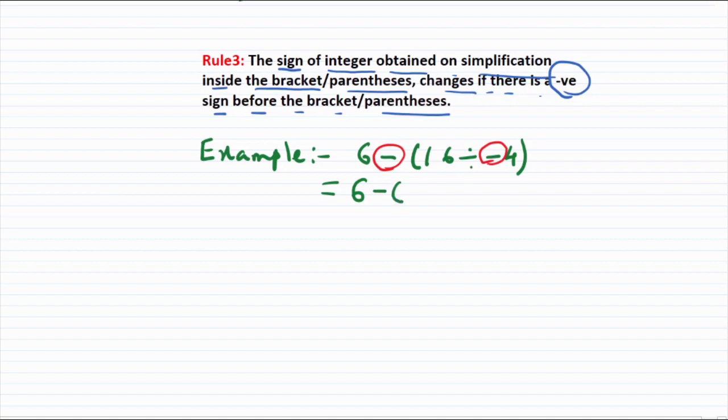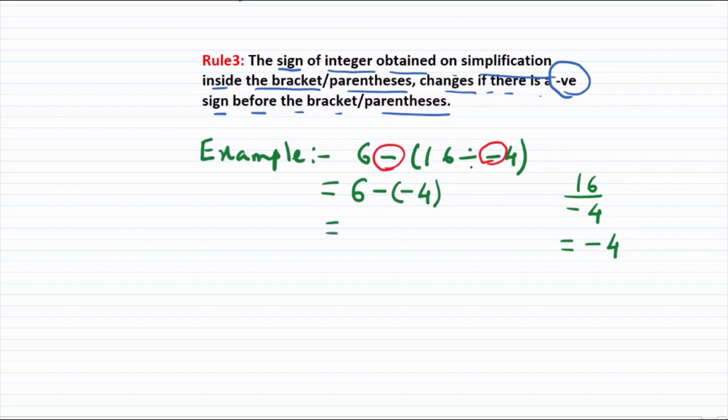So here I can see this is 16 divided by negative 4. Here is a negative integer and here is a positive integer. According to the rule of division of a positive integer by a negative integer, the answer is going to be negative 4. So here I am getting negative 4.